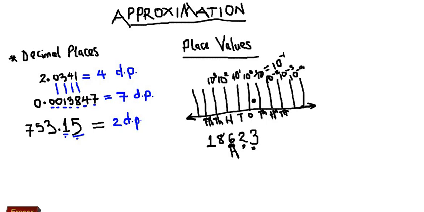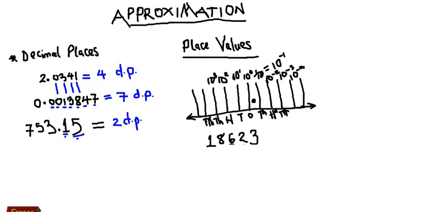So that is how we identify the position of the number that we want to retain as a significant figure, or the number that we want to retain as the accurate value of a particular measurement.